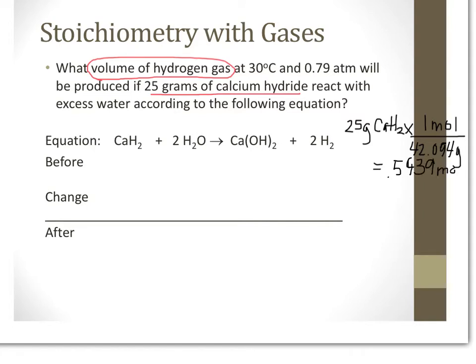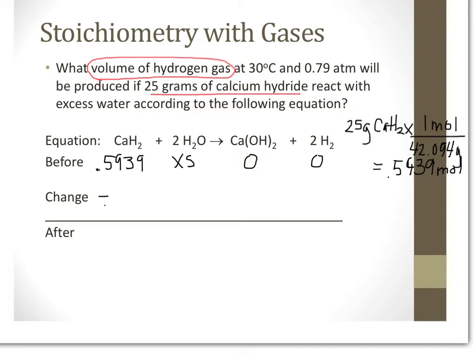moles. So I'm going to put that into the BCA table much like we did before. We are starting with 0.5939 moles of calcium hydride, and it does say in the problem there's excess water. We usually do not start with any of the product.